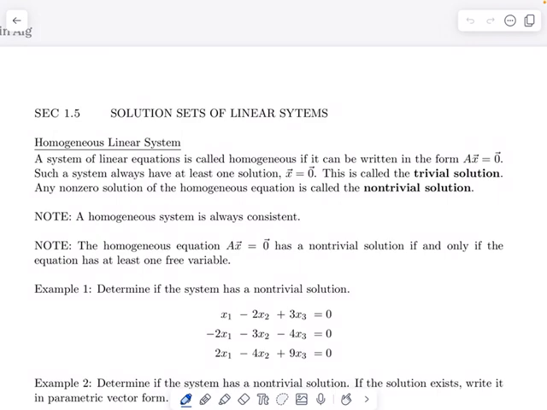It is a system which can be written in this form: Ax is equal to 0, where x is a vector and 0 vector is of course a vector with all 0 entries. What will be the size of the 0 vector? That depends on the sizes of A and x, if you recall. If the size of A is m by n, then the x vector has to have the size n by 1, because it's a vector.